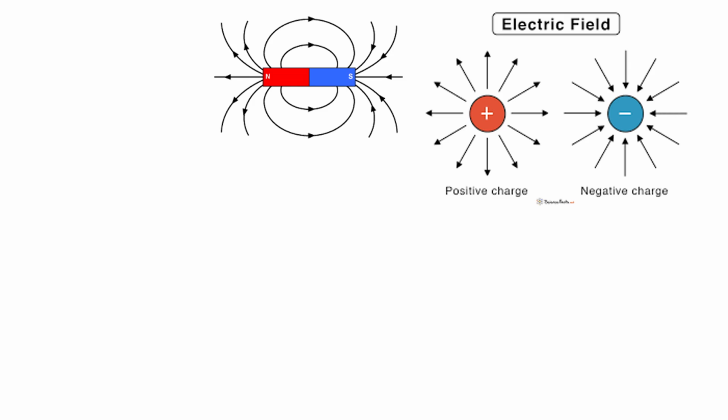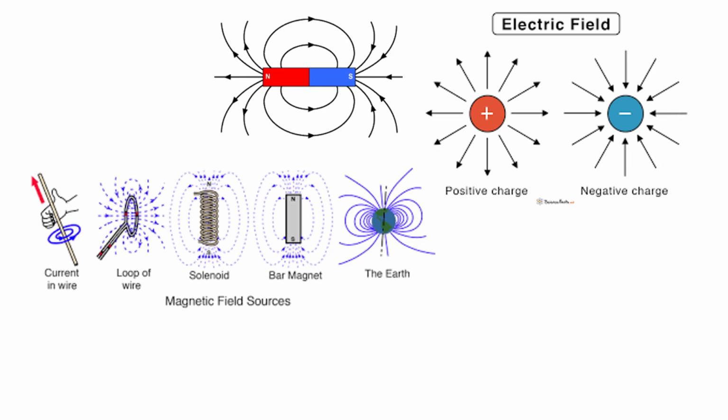Magnetic field, on the other hand, is also a type of field. And we will study later on the relationship between electric and magnetic field. In the same way, the sources of the magnetic field are electric wire, loop of electric wire, solenoid, bar magnet, and earth.